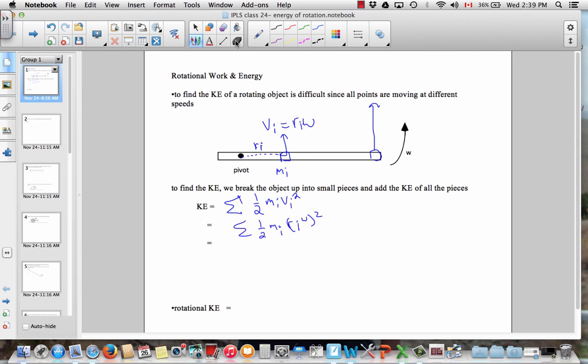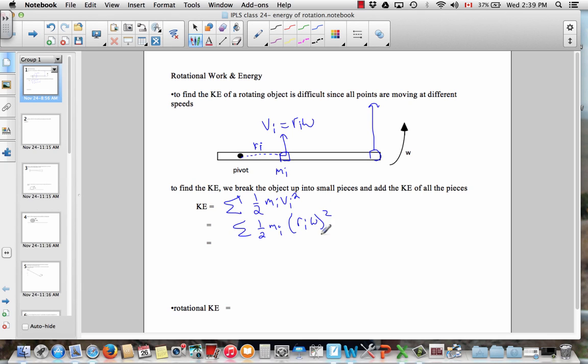Let's write that again. So bracket, this is r_i omega squared. So once again, the omega is a constant, so it comes out of the summation, and the half is a constant, so it comes out of the summation as well.